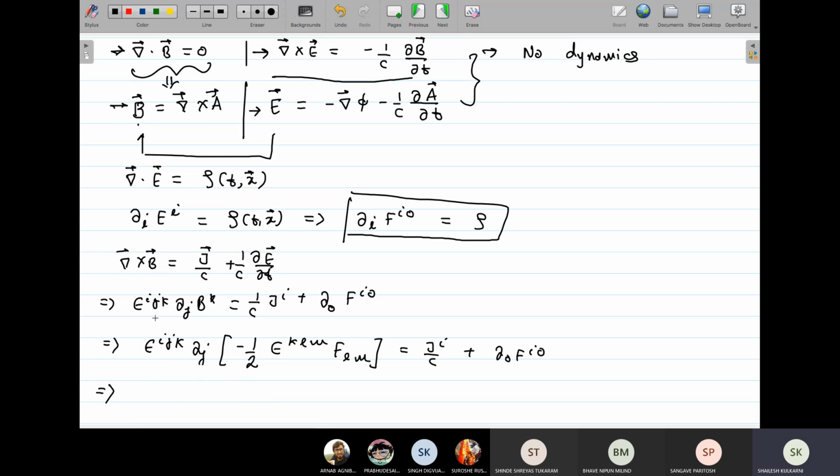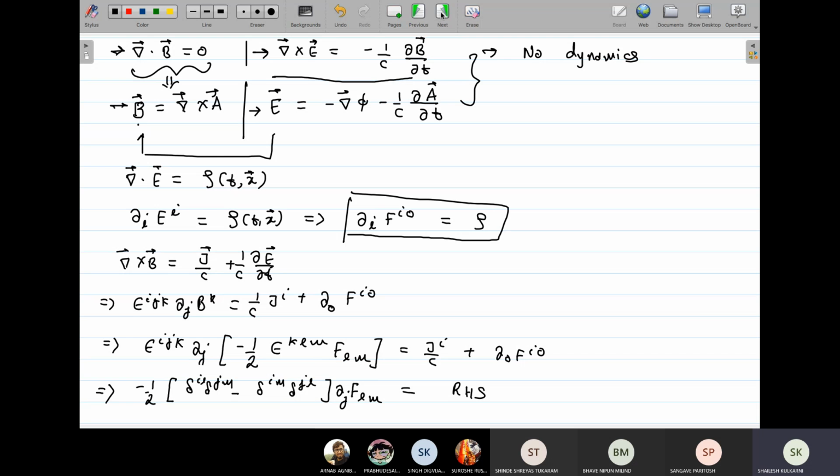Okay, so this is equal to minus half product of two epsilon, K is summed over, so it will be del I L, del J m minus del I m del J l, F del J here F L M equal to RHS.